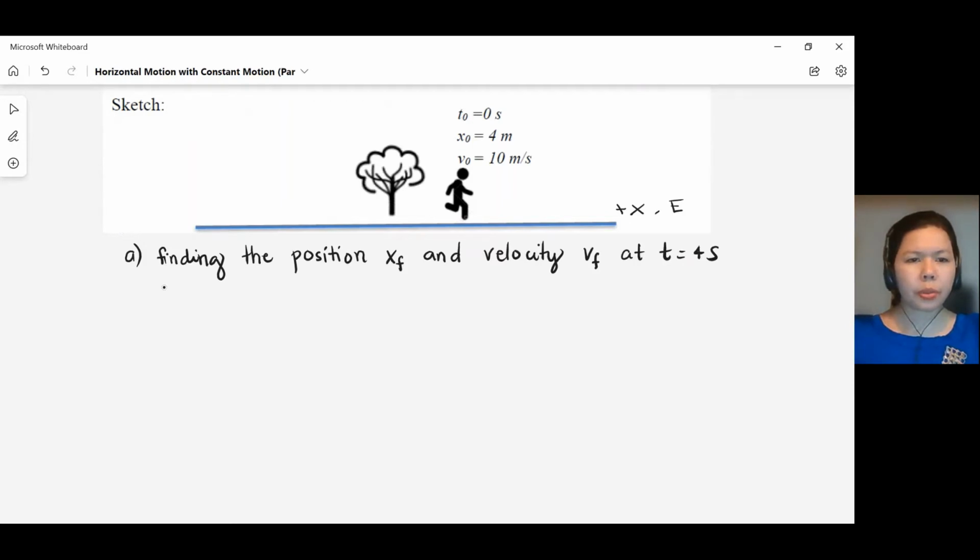So here we first write all the equations so that we can choose which equation we can use in order to solve the problem.